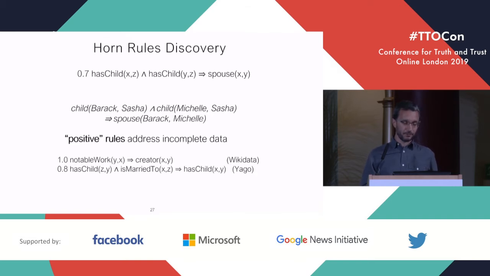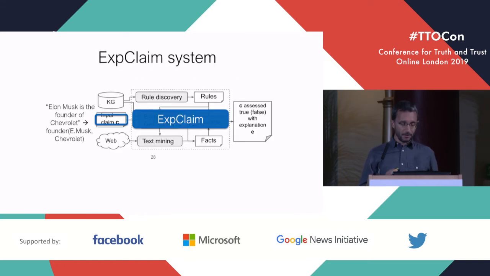We call them positive rules, and of course we can mine them from the knowledge graphs. Okay, we have a simple one here that is describing the symmetric relationship between notable work and creator in Wikidata, and another pattern over family from Iago. Okay, so there's a little glitch here, but I hope that you can still get it.